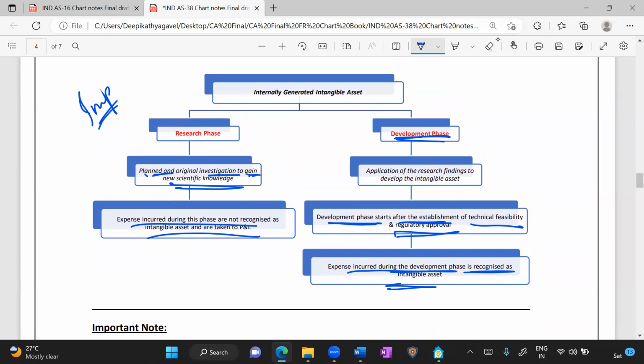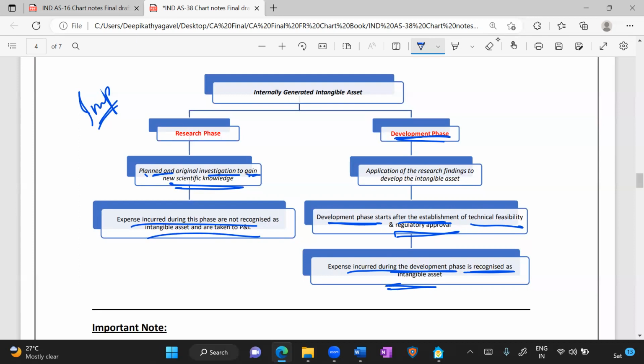So whenever any internally generated intangible asset is being developed, except for Goodwill, there will be two stages. The first stage is the research stage, where you're only planning, gaining knowledge and investigating about that particular intangible asset. Whatever expenditure you incur during that phase will be taken directly to your P&L and will not be recognized as an intangible asset.